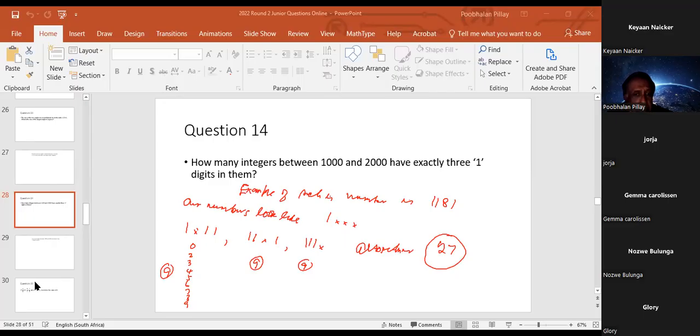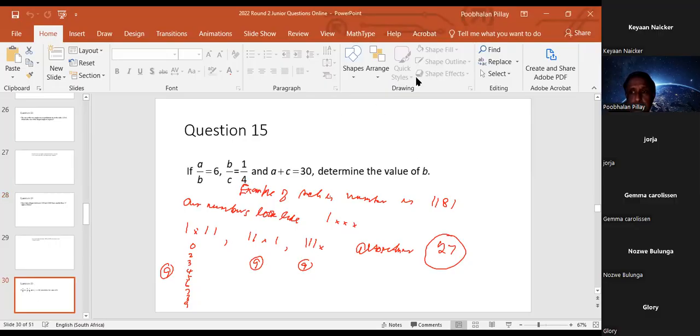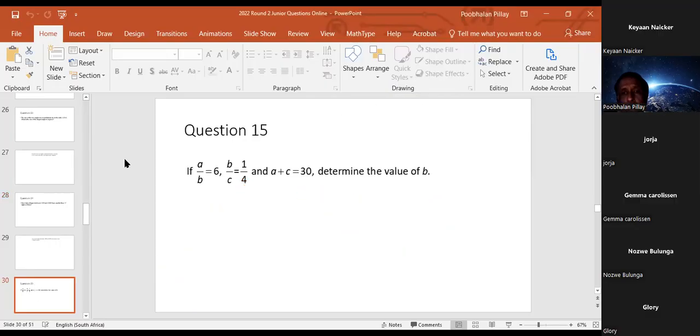Okay, we got on to problem number 15 now. Problem number 15 says, A over B is 6, B over C is a quarter, and A plus C is 30.